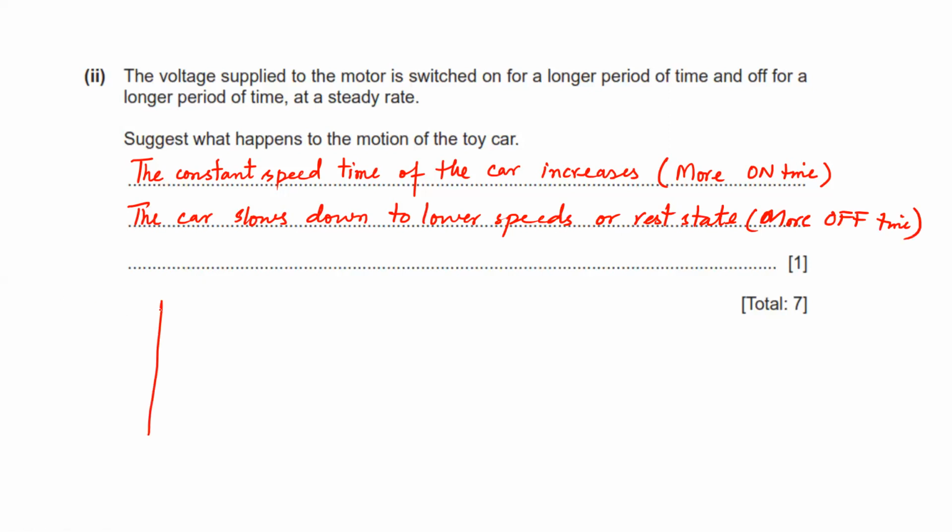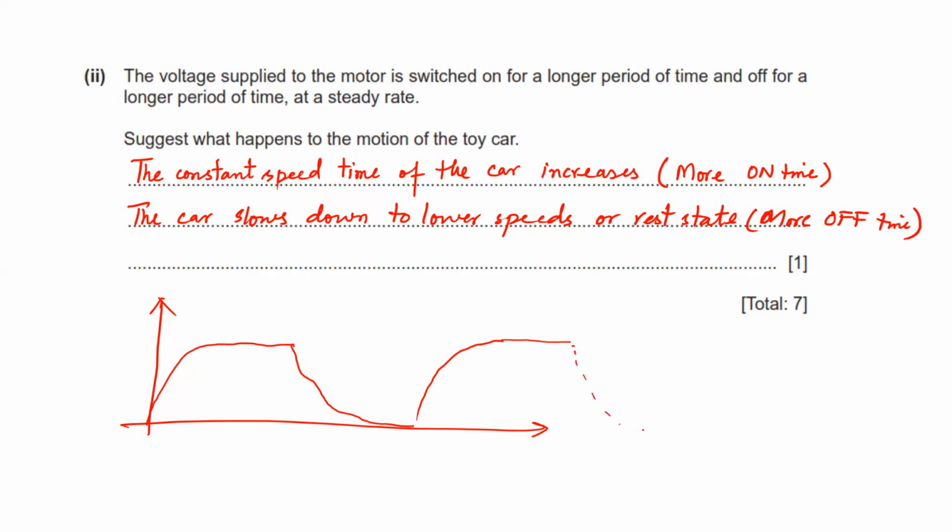If you plot a graph of this, it will look something like this. It will start from here, reach a speed, then decrease something like this. Then it will go up, stay there, go down and stay there. So more on time, more off time.